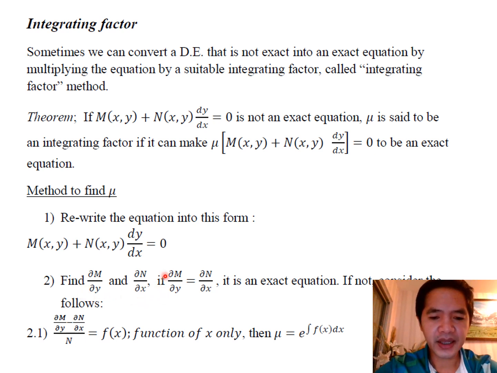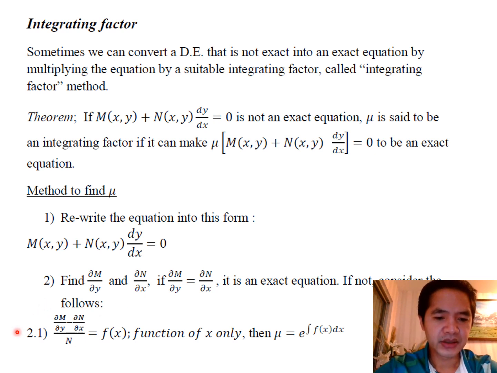If partial M over partial y is not equal to partial N over partial x, then we have to find the integrating factor. If they are equal, then we can use the exact equation to solve it.